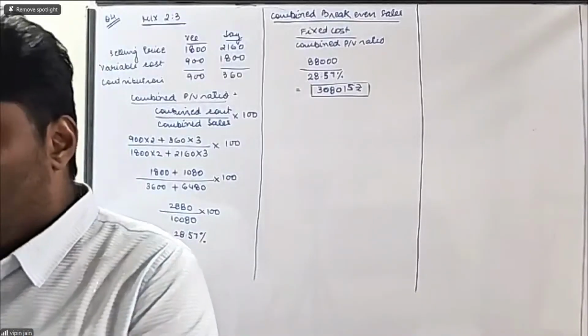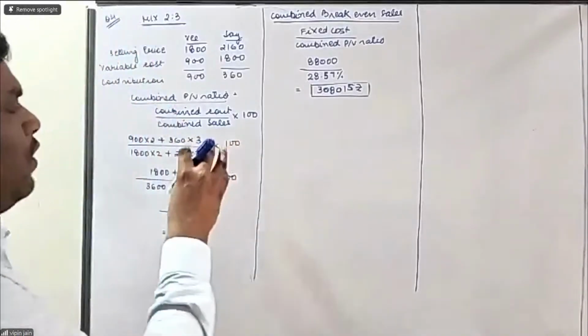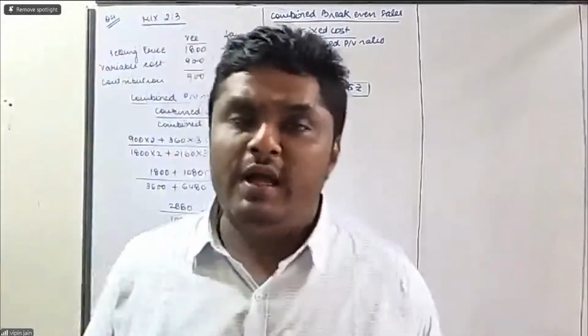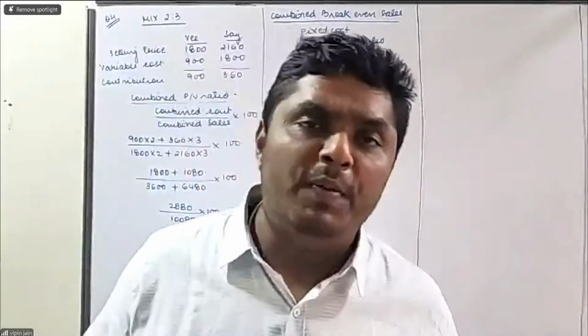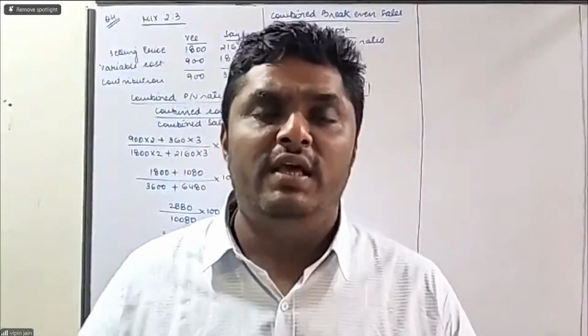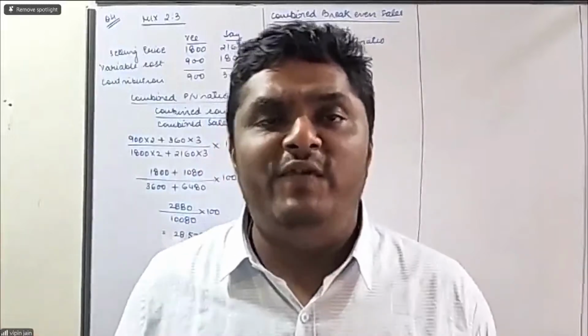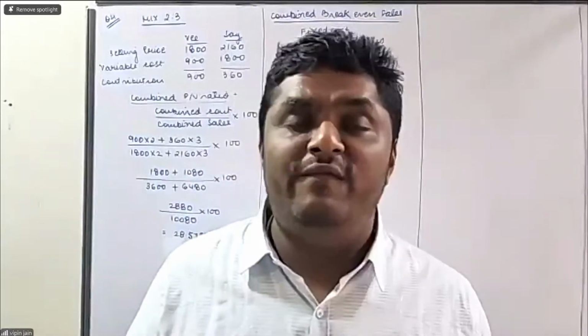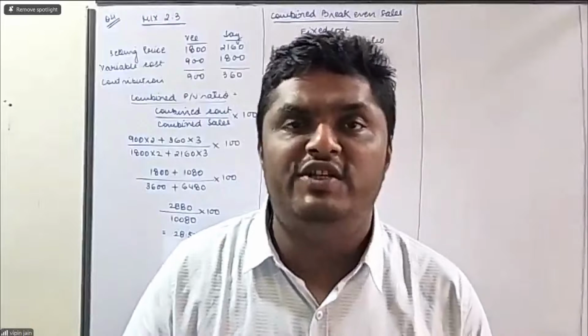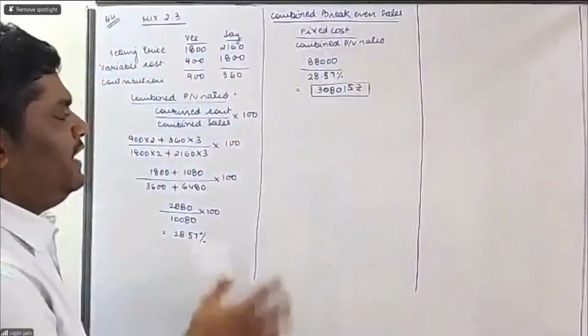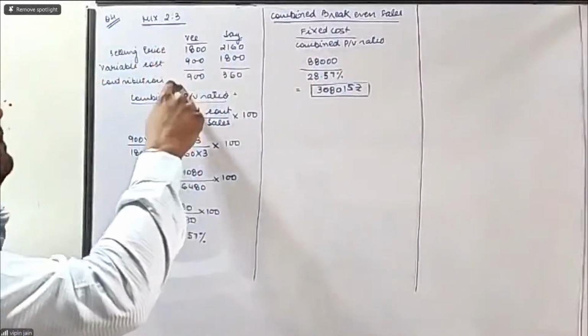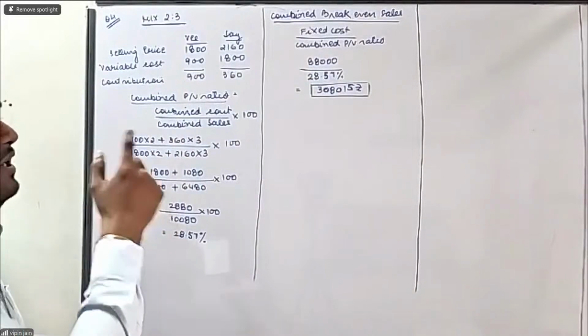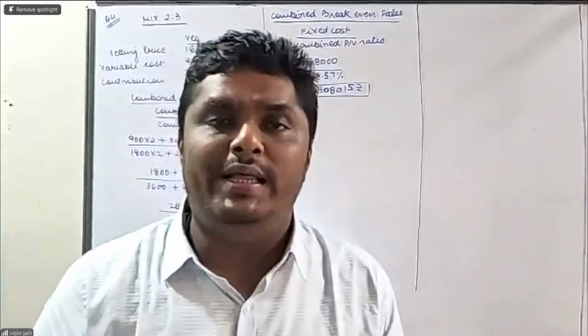So if the fixed cost is given as a whole for the company and the company is manufacturing two or more products, the first thing we have to do to calculate break-even sales is to calculate the combined PV ratio. Along with the price per unit and contribution per unit, we have to give the impact of the quantity also.